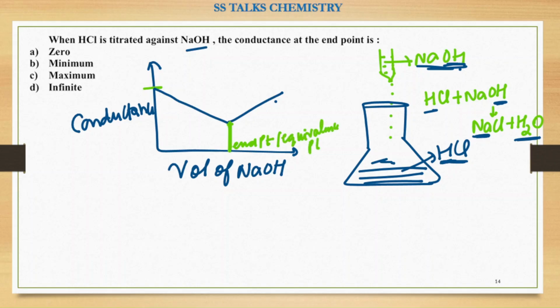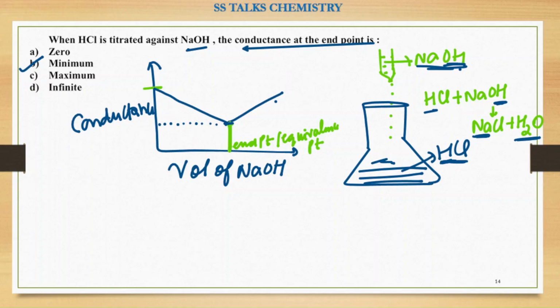There is a difference between the end point and the equivalence point, but for now we can consider them the same. So when HCl is titrated, what is the conductance at this particular end point? At the end point you can see the conductance value is the least in this case. So we will have the minimum conductance value at the end point.